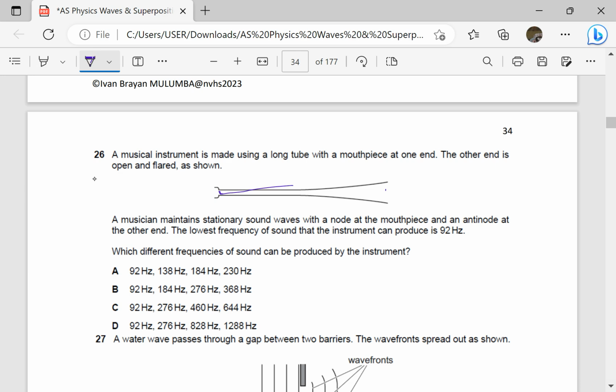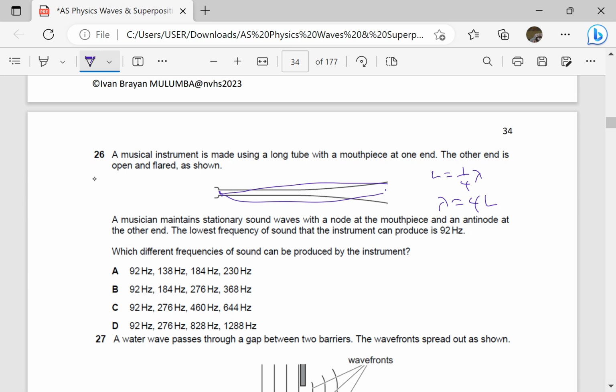So it is behaving as if it is a closed pipe. For the fundamental mode, the length L is going to represent a quarter of a wavelength, which means the wavelength is going to be 4L. The lowest frequency of sound that the instrument can produce is 92 Hz.